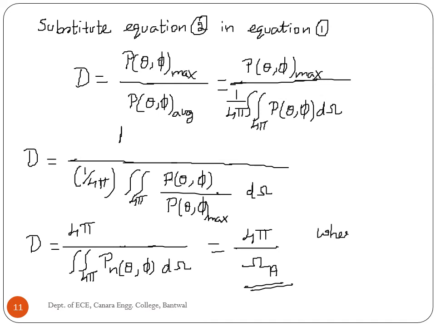where the normalized power pattern is equal to the ratio of the power pattern divided by the maximum of the power pattern.